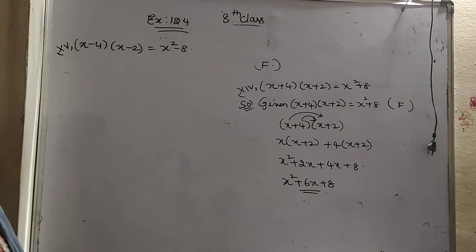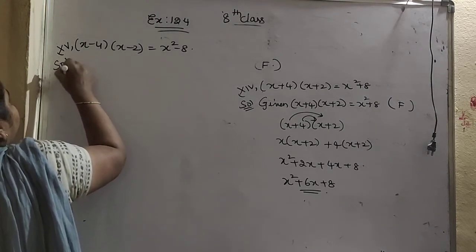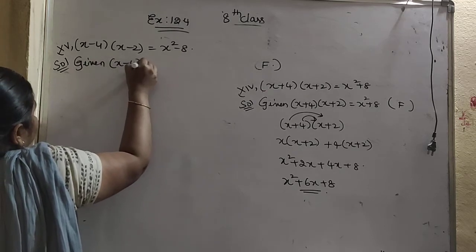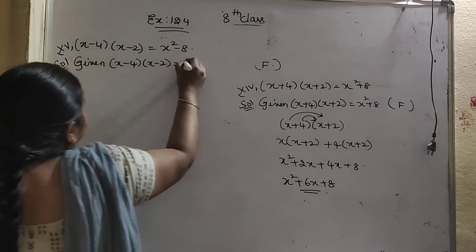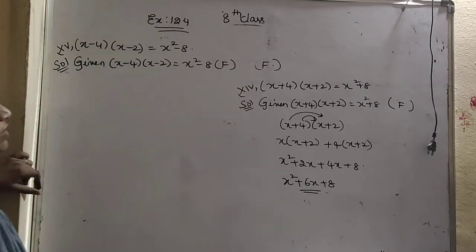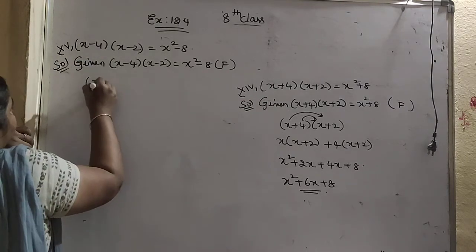So x² − 8, it is having an error. So given (x − 4)(x − 2) is equal to x² − 8. It is a false statement. So what is the correct statement, we have to see.